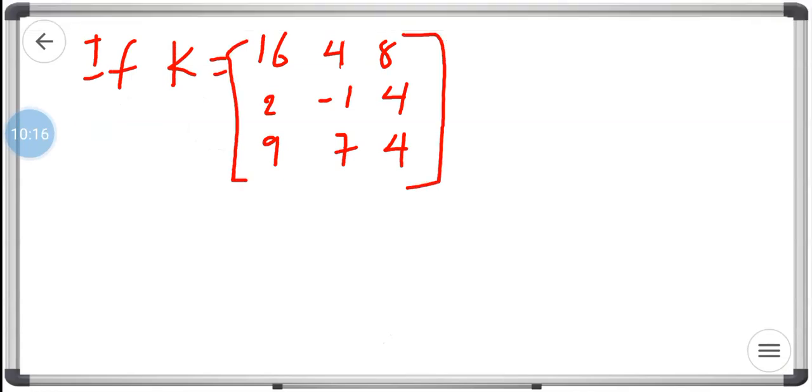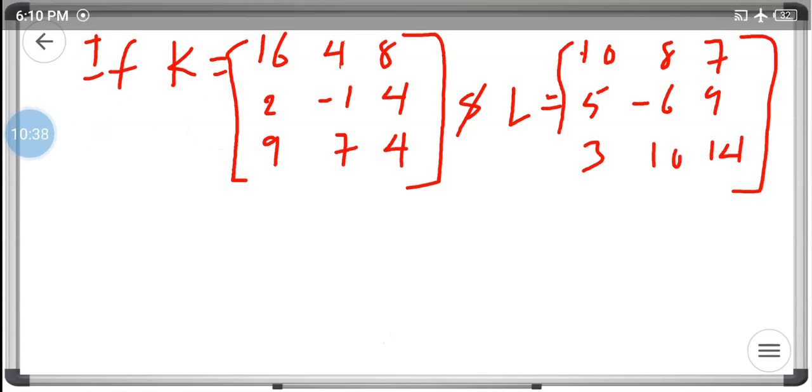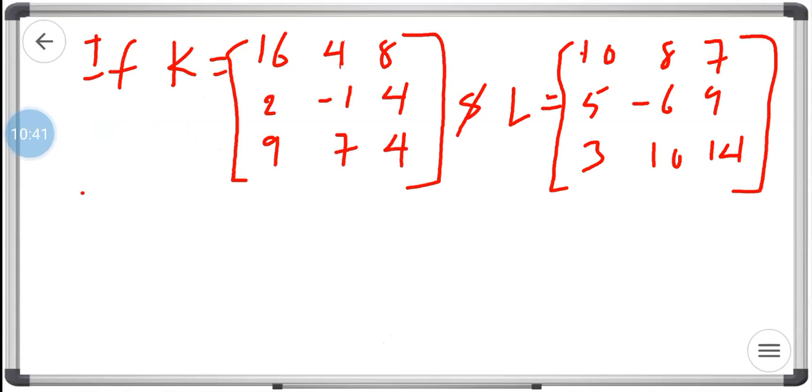We have K to be that. And L equals 10, 8, 7, 5, minus 6, 9, 3, 10, 4. Evaluate K minus L. So which means we should subtract them.